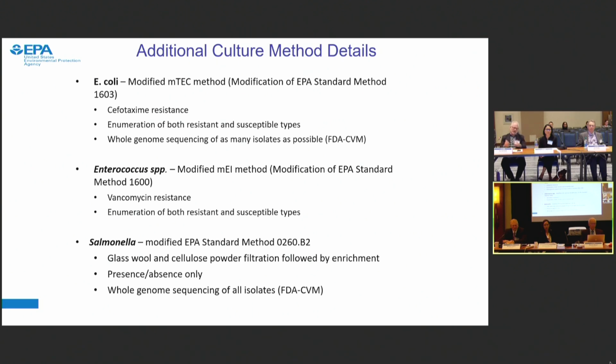Enterococci, we're doing total enterococci, but also vancomycin resistant enterococci. Again, looking at both the susceptible and resistant and doing that in a quantitative way. For salmonella, we're not doing it quantitatively, we're doing an enrichment stage to see presence, absence of salmonella, and then also doing whole genome sequencing of those. Next slide.